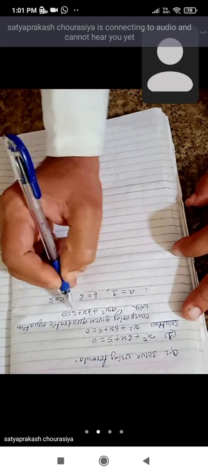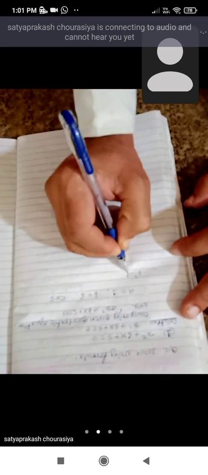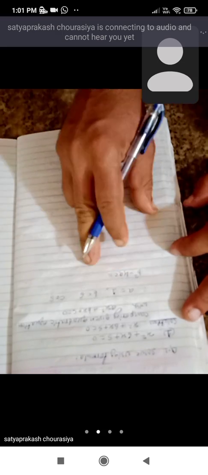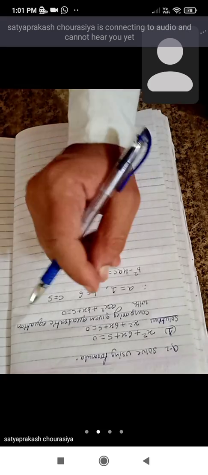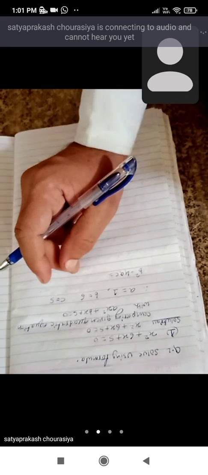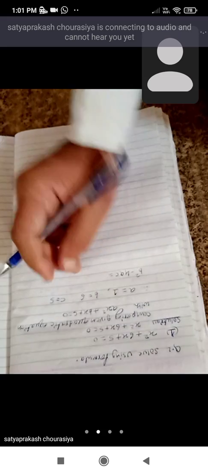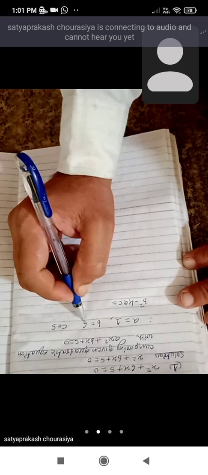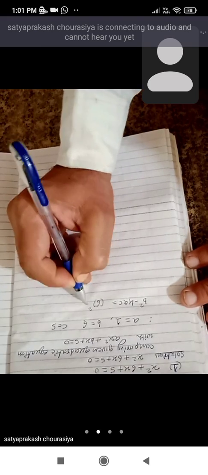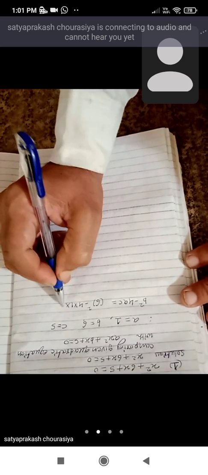Now we will find the discriminant value. Discriminant value is equal to b square minus 4ac. Okay, earlier in the first lesson you studied the determinant; this is the discriminant, remember this. Now in place of b there is 6, so square of 6 minus 4 into a, which is 1, and c value is equal to 5.